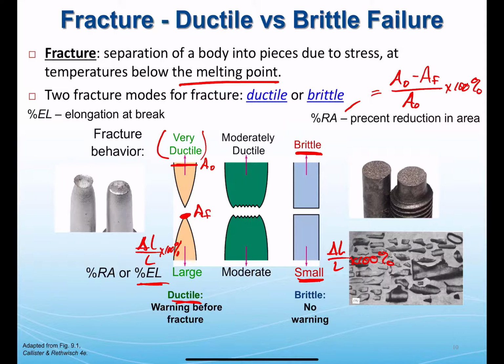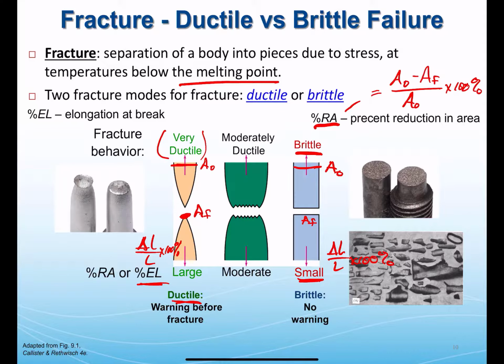Similarly, the percent reduction in cross-sectional area, the percent RA, is going to be very small. There's going to be almost no change to the area at failure relative to the area that we started with, which might be represented by an area far away from the failure zone.